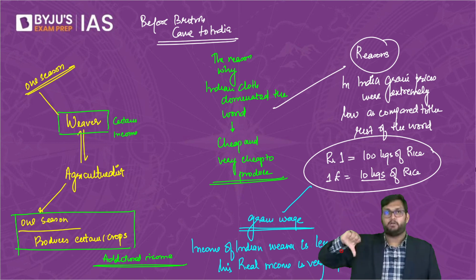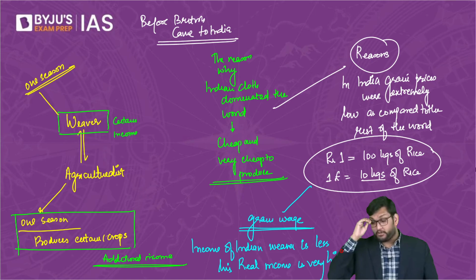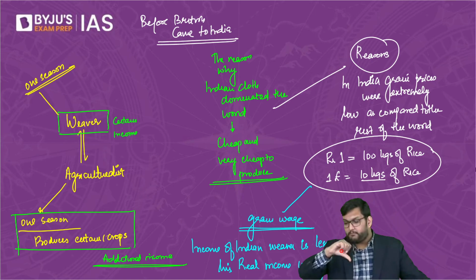Real income is low. Though when you become an IAS officer, your salary is going to be 1,10,000 rupees, you will get a car, a house, servants. So basically your nominal income is low, but your real wage is high.